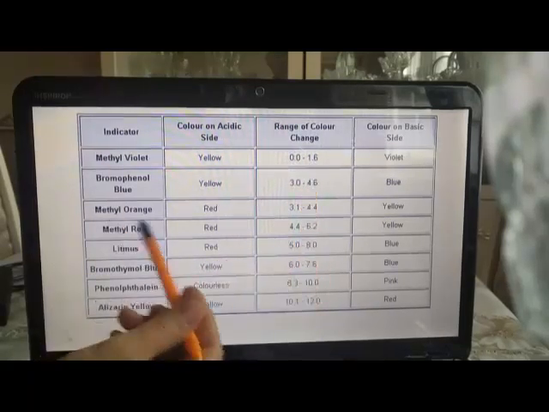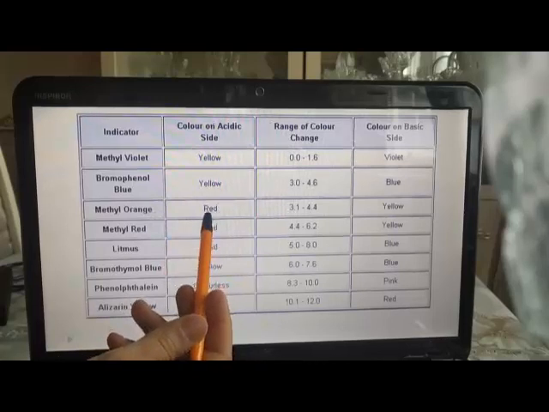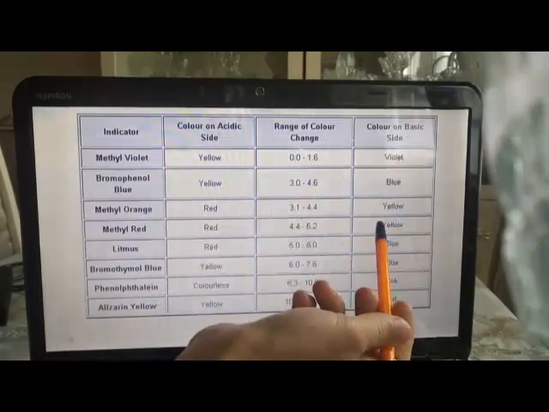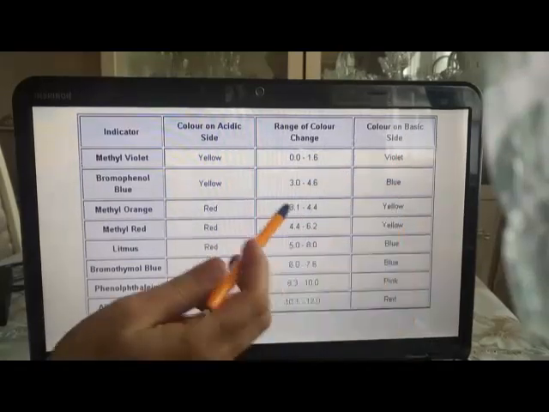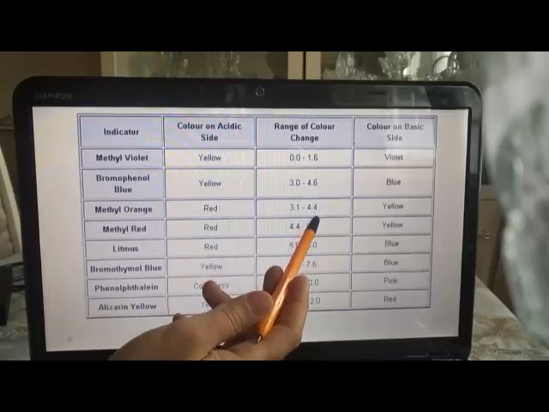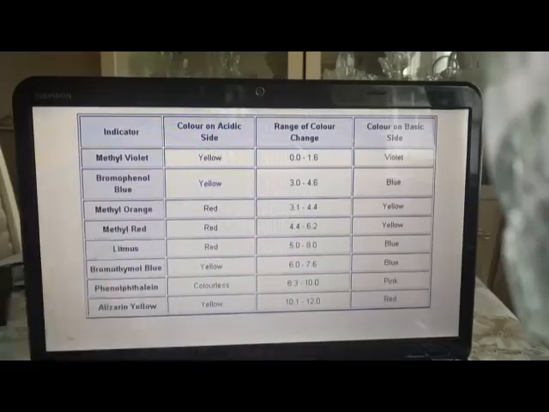Or methyl orange: in acidic medium it's red, in alkaline medium it's yellow, and its transition range is from 3.1 to 4.4. Other examples you can see from the table.